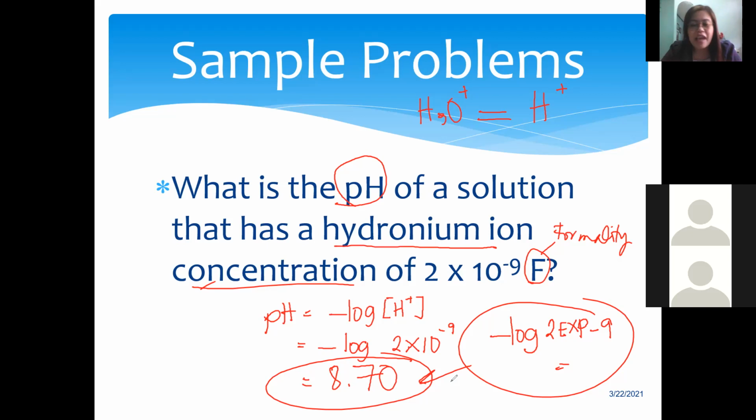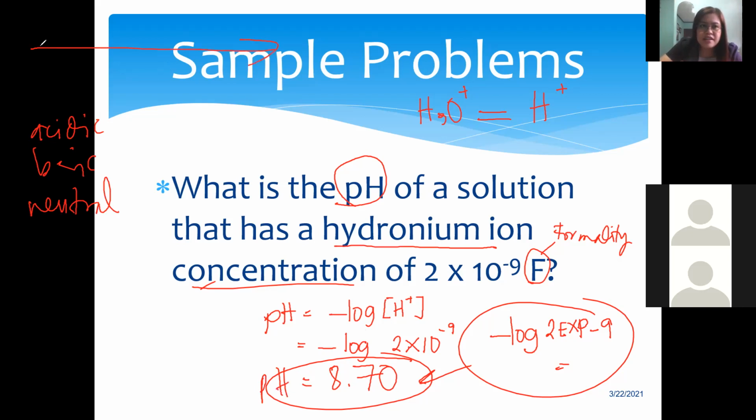So that's 8.70. But if ever, class, you are asked to determine if your solution is acidic, basic, or neutral, then you just look at the pH. I have told you that the scale is 1 to 14, 7 as neutral. Now, since this is 8.70, so what does it mean?